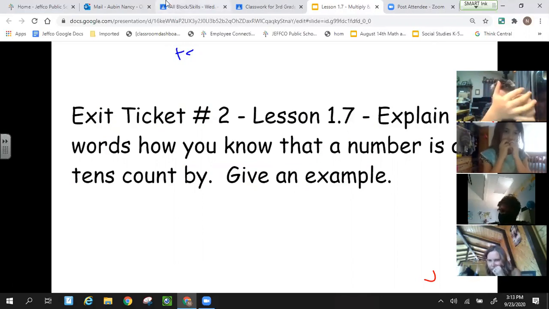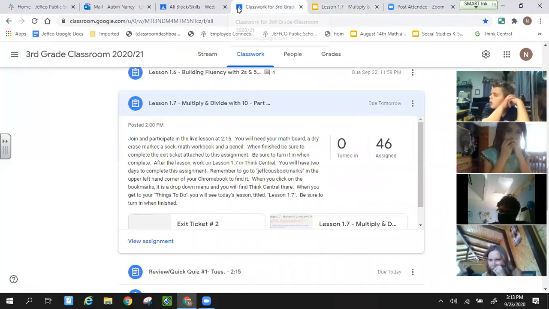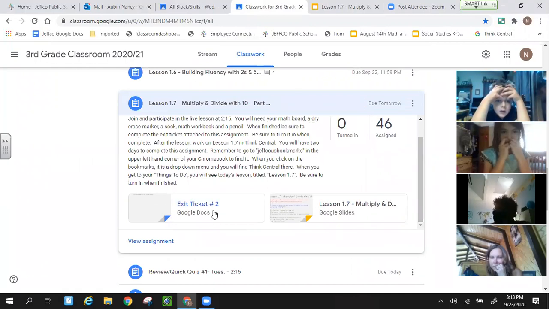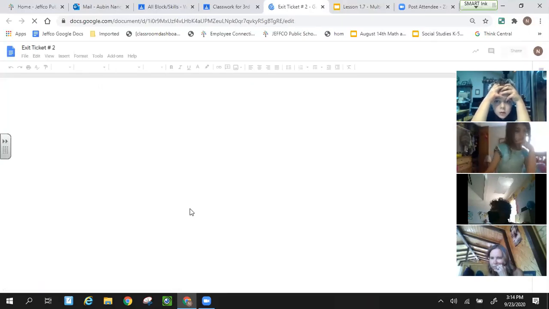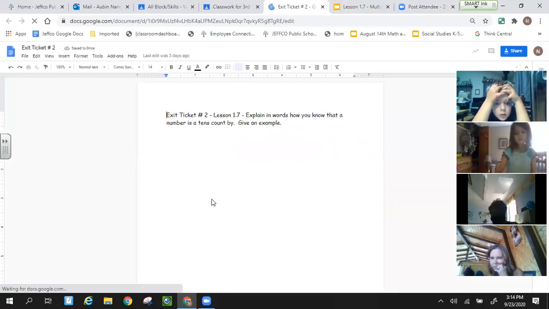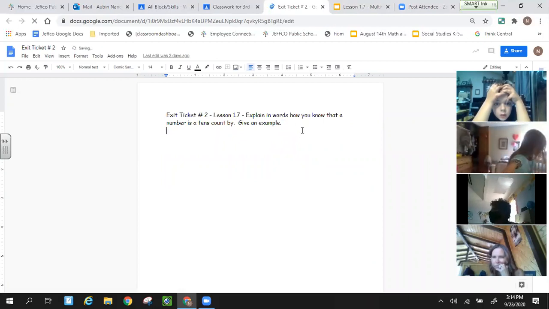All right, that is what you're gonna do for your exit ticket, and here's where you're gonna find it, remote learners. It says right here, under lesson 1.7, multiply and divide with 10, click on that exit ticket number 2. Don't write it in the comments, write it on this document. Put what you think, how you know 10, 20, 30, 40, 50, 60, 70, 80, 90, 100.